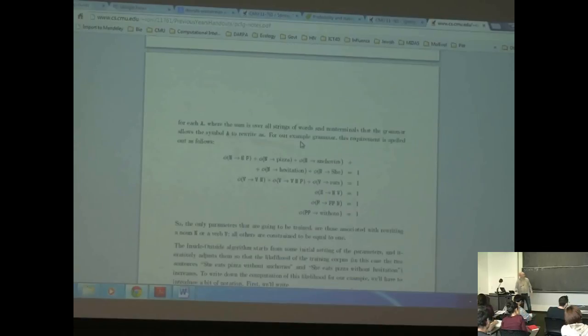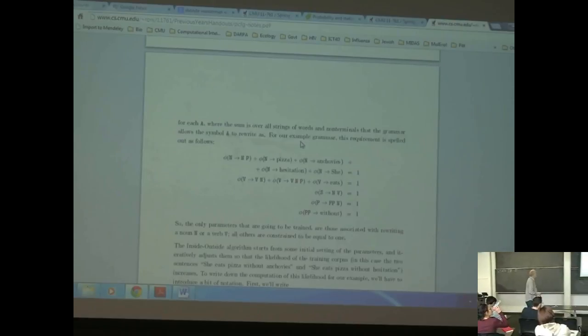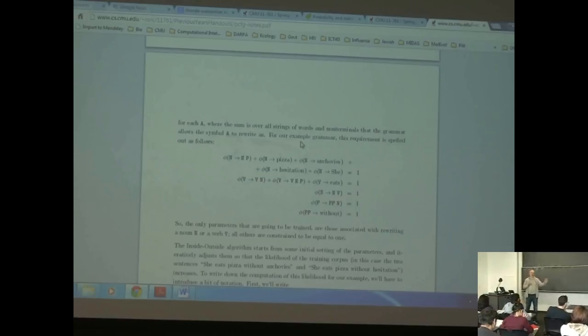Now, the most important thing I want to do for you is to create a very strong analogy between probabilistic context free grammars and HMMs. A lot of what we're going to do, the kind of problems we're going to solve, and the algorithms we're going to use are very strongly analogous. They're not the same, but they're analogous.